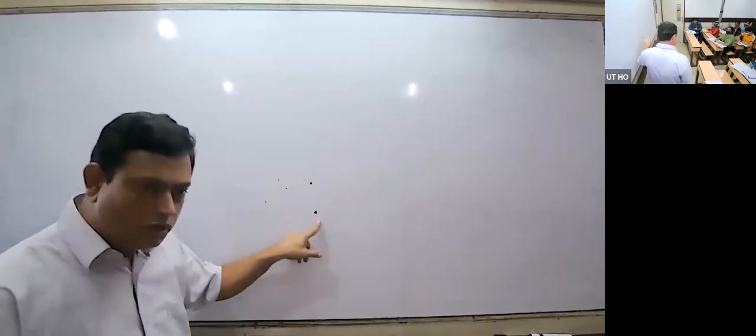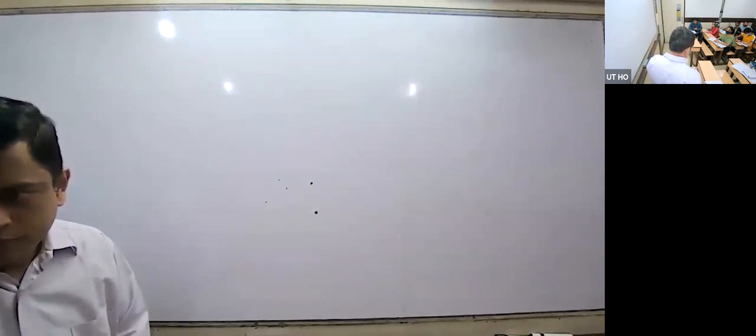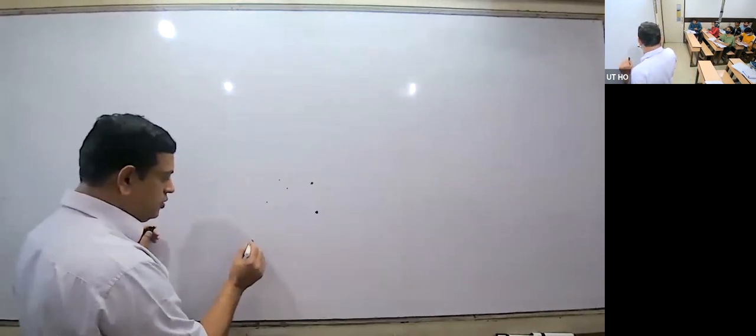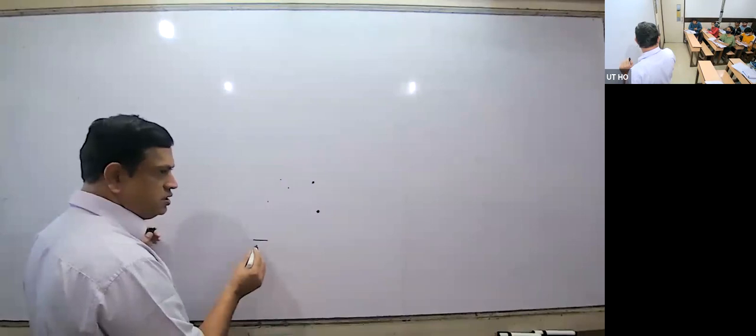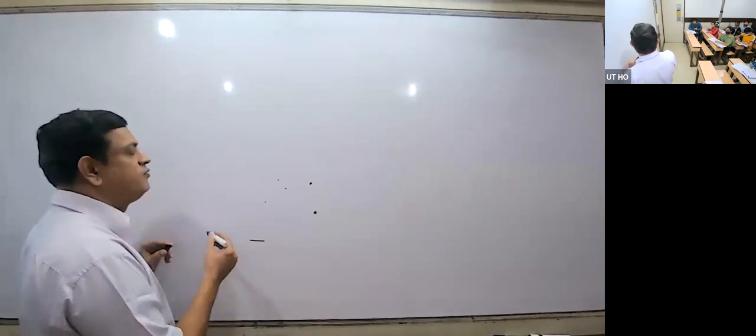This is a point, meaning it cannot be made into small regions. If I take a line segment, it is a join of how many points? Infinite.